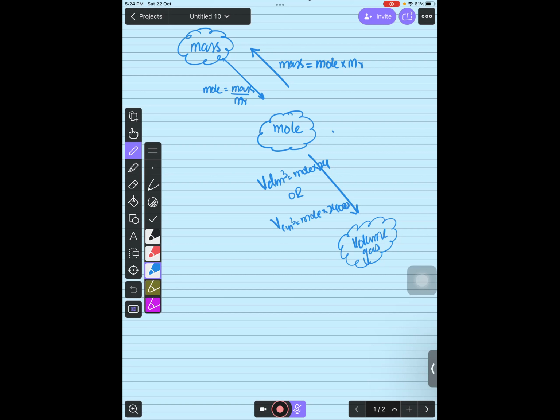Yes sir. And we can find moles from volume as well. If you want to find moles from volume in decimeter cube, we can divide it by 24, or we can find moles from volume in centimeter cube by dividing by 24,000, right बच्चों? Yes sir.